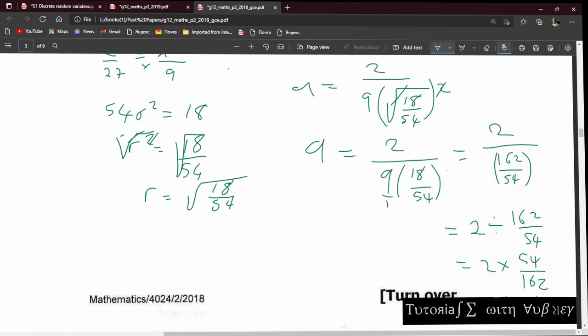So basically that is what you were supposed to do. So this is the same thing as 2 over 3. This is basically what you're supposed to do to find your A and your R. So follow well. Let's go on to the second question.